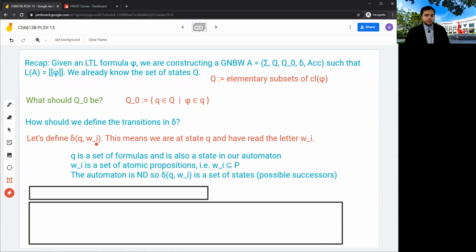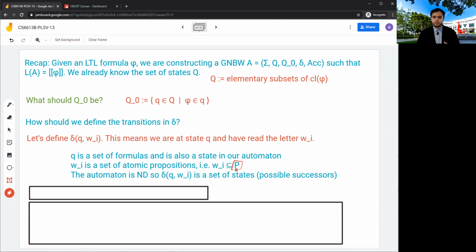Let's just check the types of the different objects that we're talking about here. So what is Q? Q is a state of my automaton, so it's an elementary set, basically a set of formulas. What is Wi? Wi is a letter. But we said that every letter is a subset of propositional variables, of atomic propositions, right?